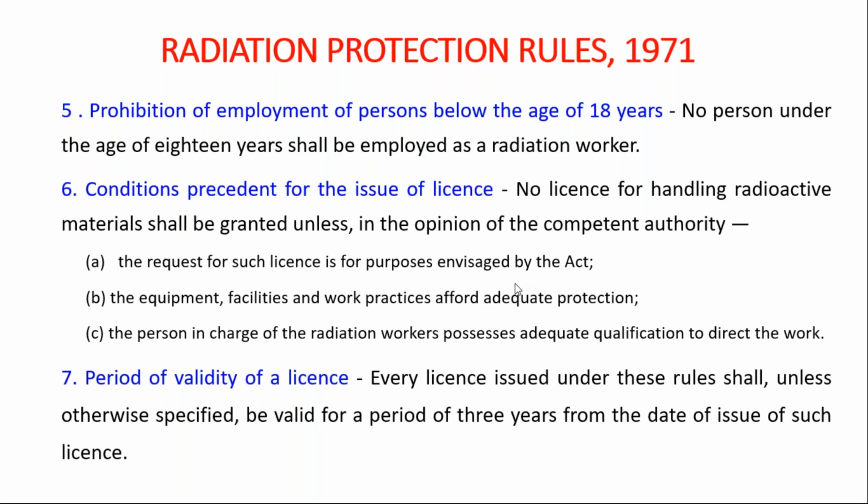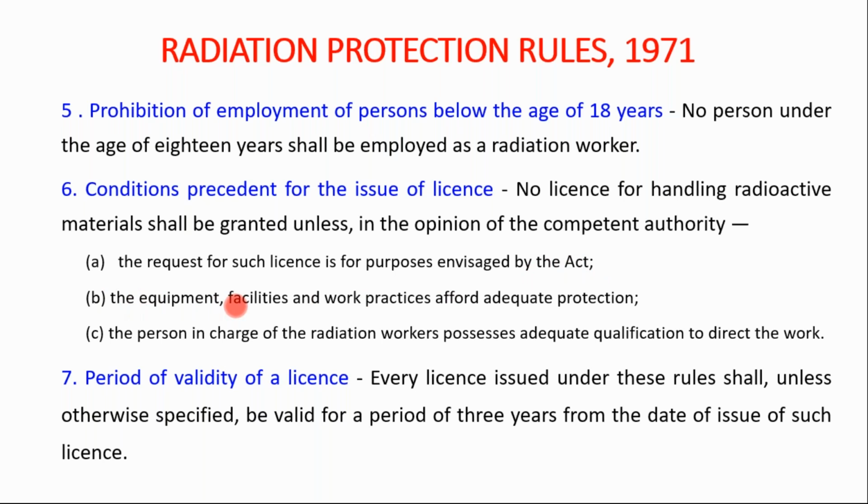So no license for handling radioactive material shall be granted unless, in the opinion of the competent authority, these are the different conditions. That is, the request for such license is for the purpose envisaged by the Act. So the purpose is important, and all these purposes for which the radioactive material can be utilized and which are permitted, and the conditions are mentioned in the Atomic Energy Act 1962.